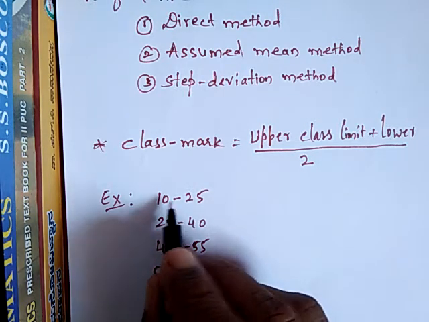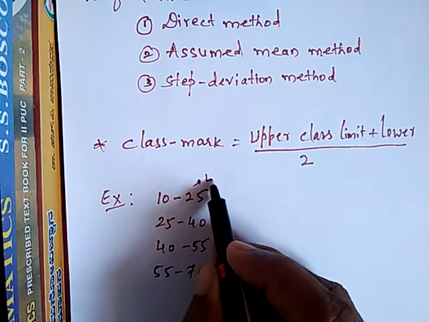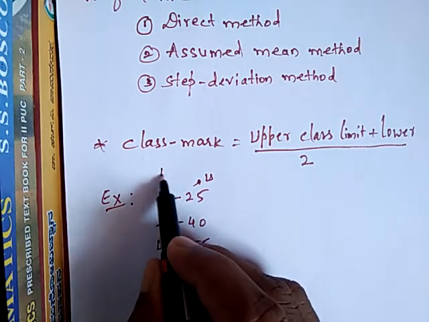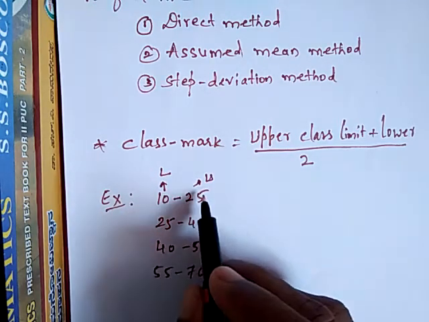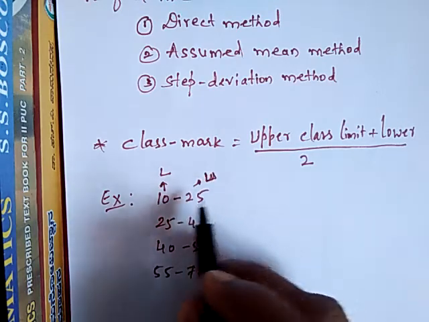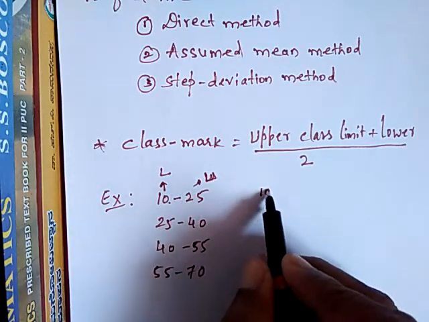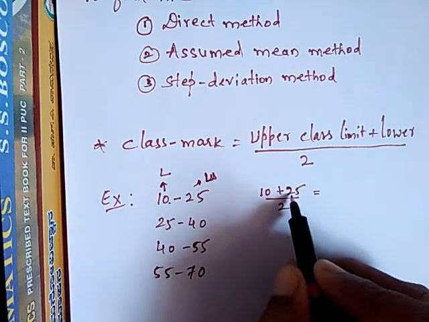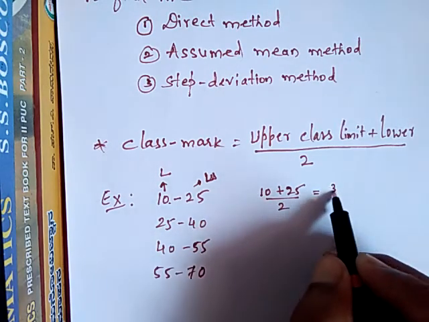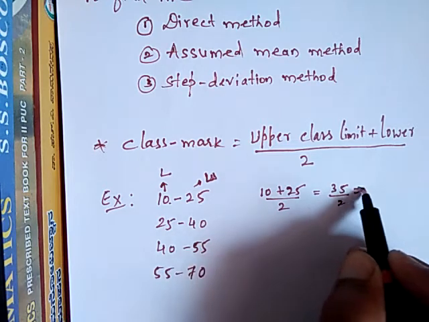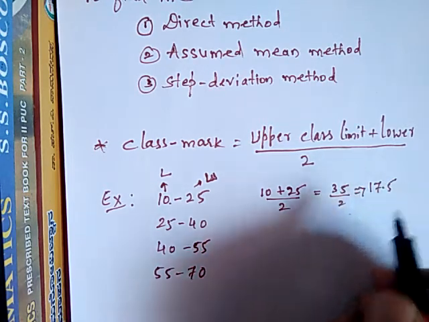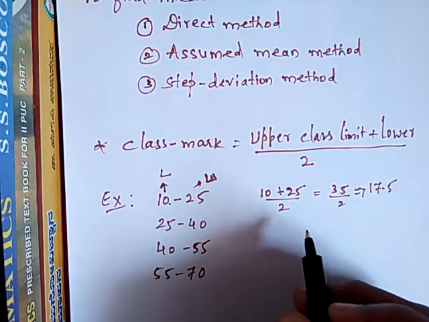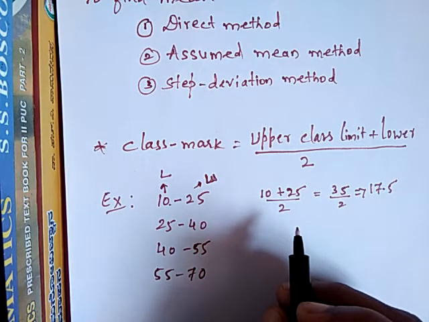So how to find this? Left hand side is the lower limit, right hand side is the upper limit. Add these two. 10 plus 25 divided by 2, which is equal to 35 divided by 2, which is 17.5. Like that we need to find the class mark or midpoint of the class interval.